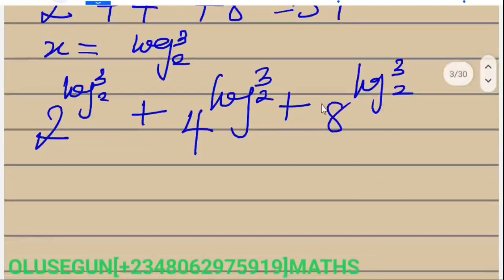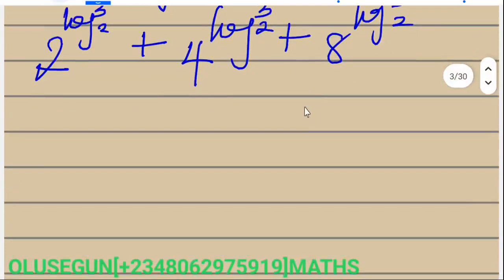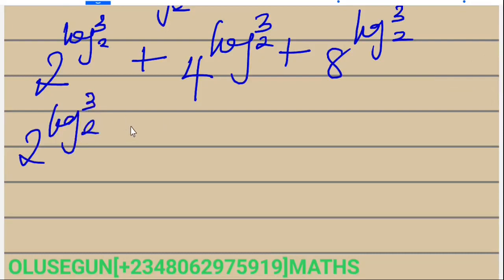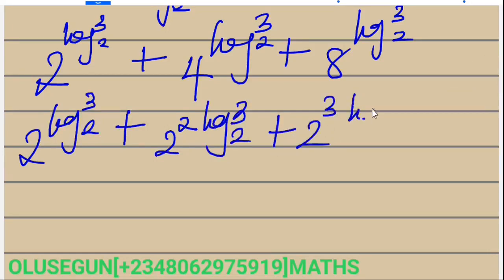So we want to prove whether it is 39, to know whether our answer is correct. So therefore we have 2 raised to the power log 3 base 2, plus 2 squared raised to the power log 3 base 2, plus 2 raised to the power 3 log 3 base 2.